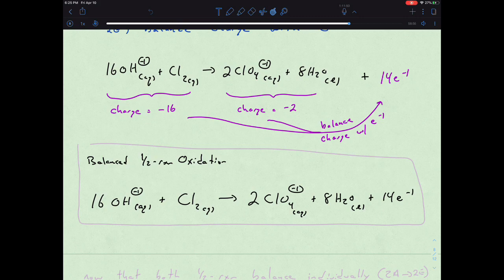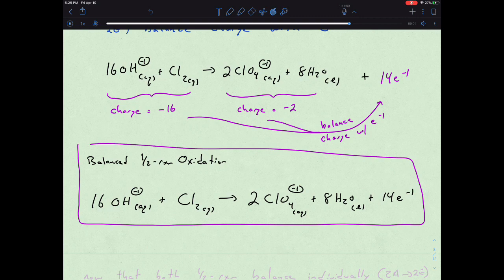And there is now our balanced half reaction for oxidation. So we now have both of the half reactions balanced individually.